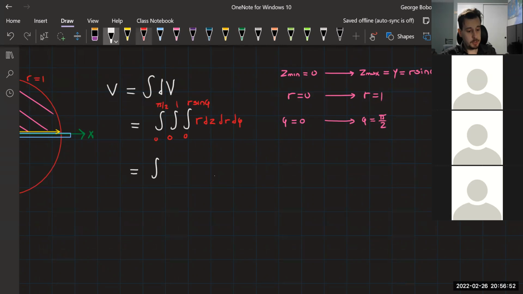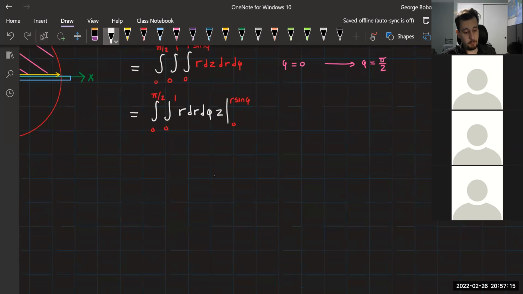So I have to do the Z integral first, sadly, but it's not that bad. I have remaining r dr d phi. The Z just pops up here to bring in the r sine phi. That's all it does, really.